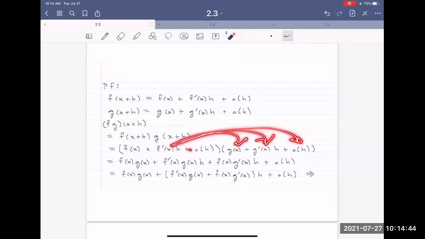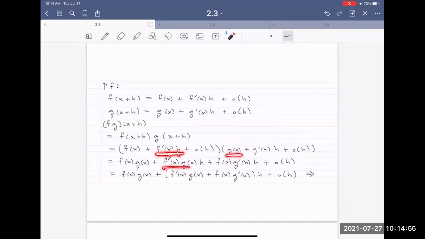If I do that, I have f'(x) times h times g(x), which is here. So f'(x) times g(x) times h. Now let's multiply this times this. But I have an h here times h, which makes this an h squared. So f'(x) times h times g'(x) times h becomes something involving h squared, which is little o of h. So this becomes little o of h.